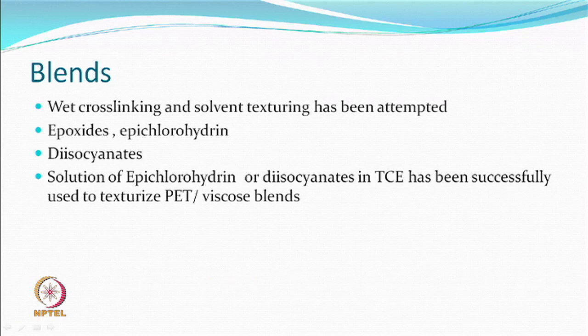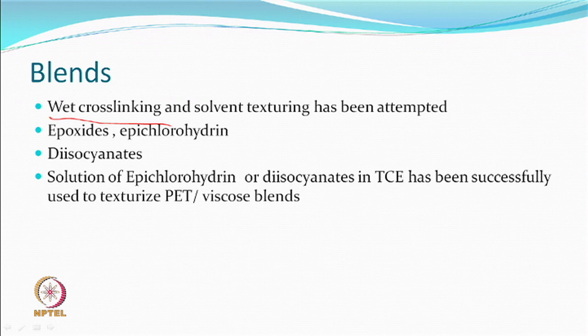One work has used a solvent where a cross-linking agent can be dissolved and conditions are created such that cross-linking takes place in the wet state, called wet cross-linking, not dry cross-linking like we discussed in the last lecture. In a wet state, some agents can make covalent cross-links.